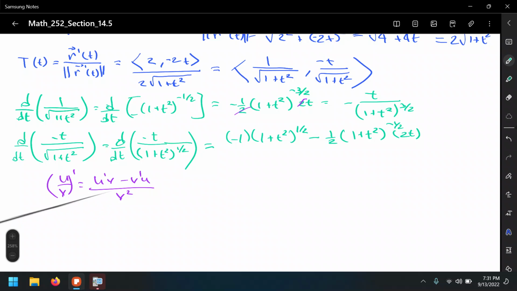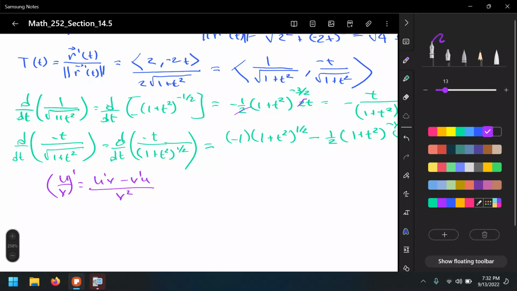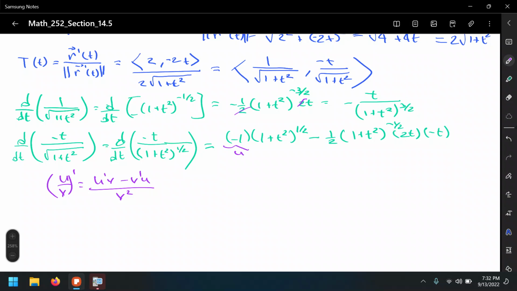And for the quotient rule, we still need to multiply by u, which is the numerator itself, which is negative t. Alright? So, okay, just to check in, what did we do here? So that's u prime v minus v prime u. Okay? That's the numerator part of the quotient rule.